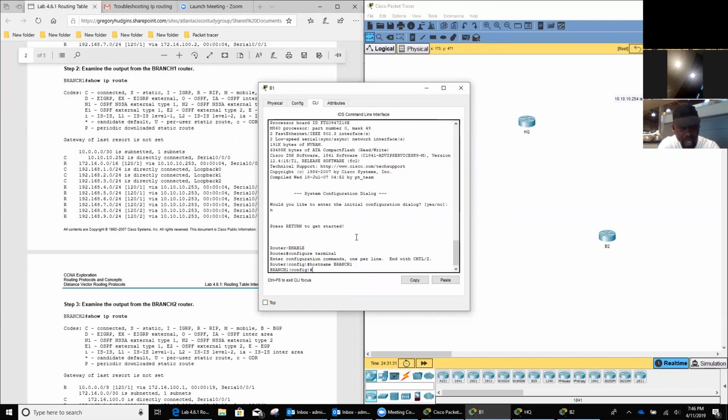All right, so what we did, do loopback. Do we need to do the loopback first on this one?